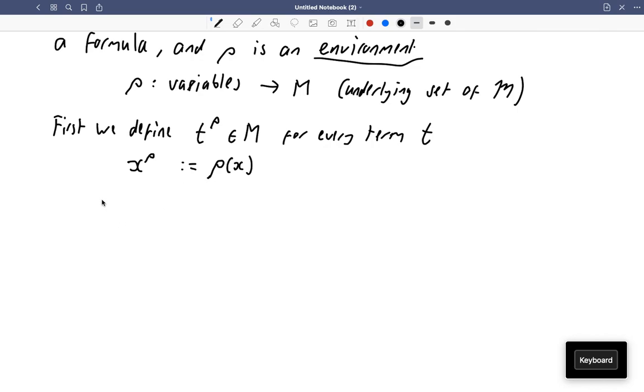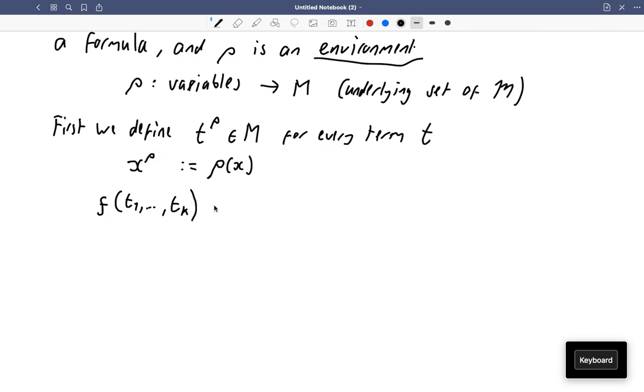And then the other case was when we had a function symbol. The only other way of building a term is by applying a function symbol to the right number of arguments, where k is the arity of the function symbol f.